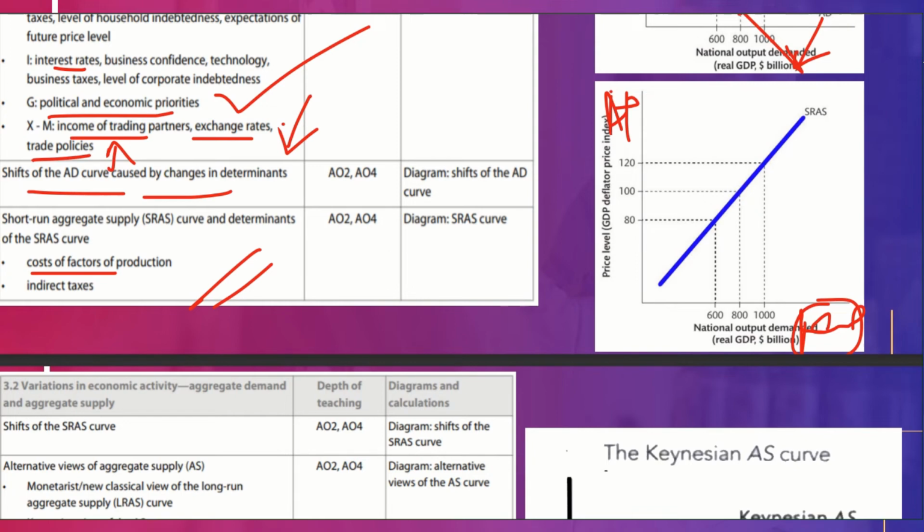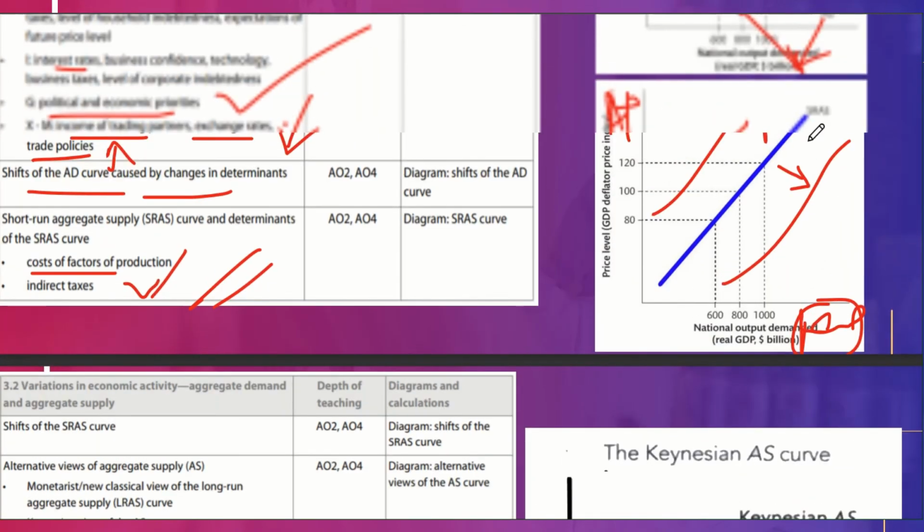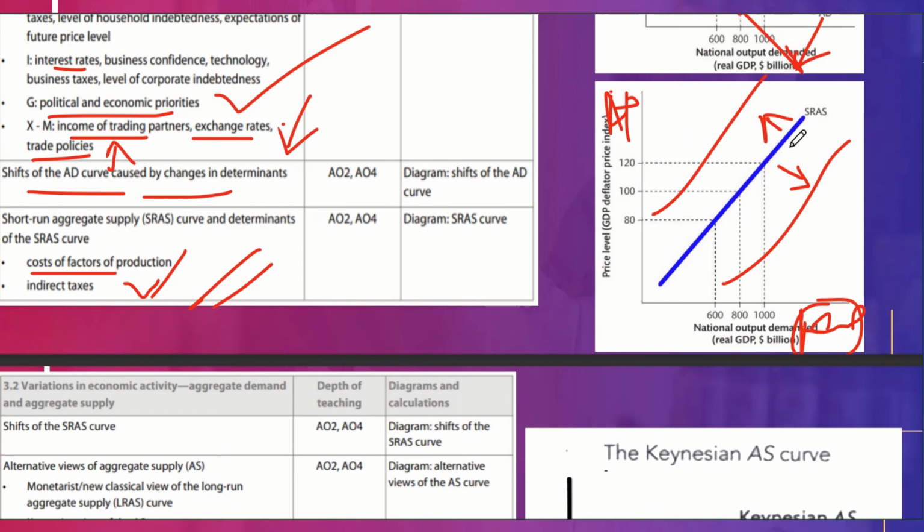If there is more cost of production, then the aggregate supply curve might move left. And if there is less cost of factors of production, then the aggregate supply curve might move right. So it moves left when the cost of production is higher, and right when it is lower. So indirect taxes will decrease the short-run aggregate supply. Right, and this is how the short-run aggregate supply curve changes, right side or left side.